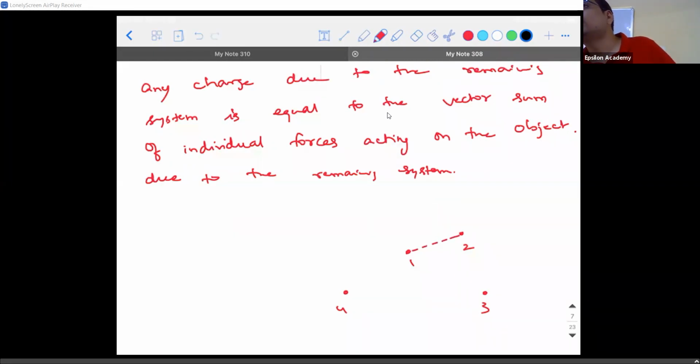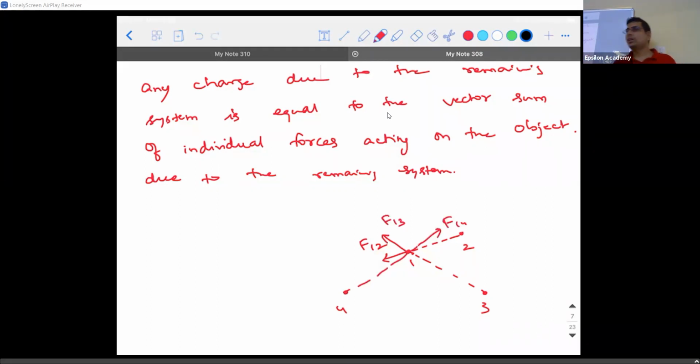If we consider all of the same nature, everything positive or everything negative, then the force on 1 due to 2 is in this direction. This force is F12. Similarly, due to the third charge, it experiences a force in this direction, F13. And due to the fourth charge, F14.